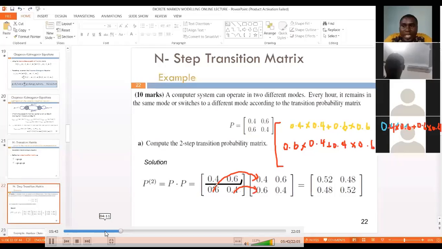So next column will be this times this, and then this times what? That. So that will be 0.6 times 0.6 plus what? 0.4 times 0.4.